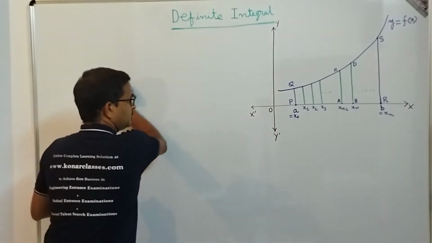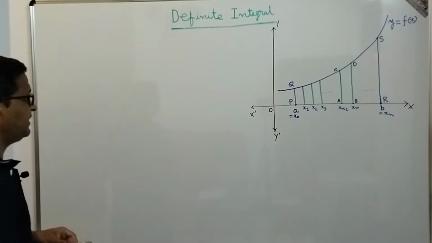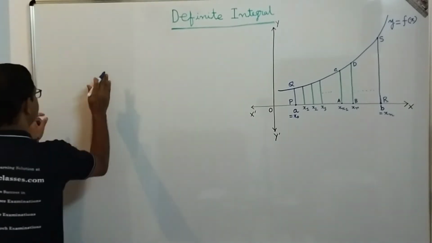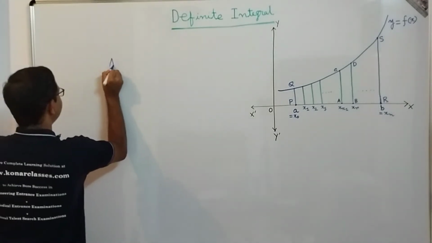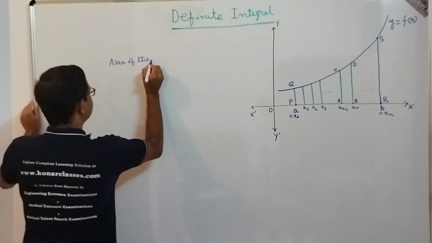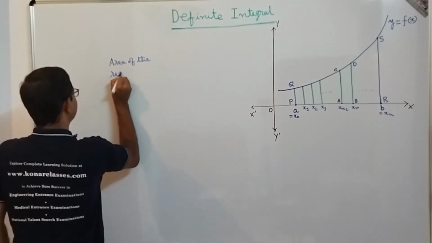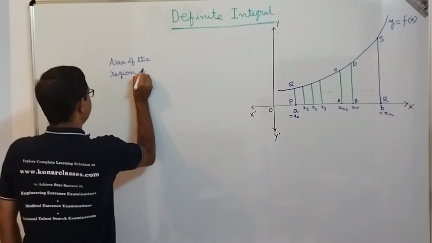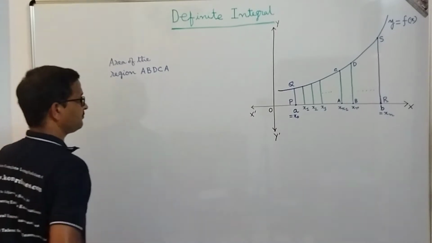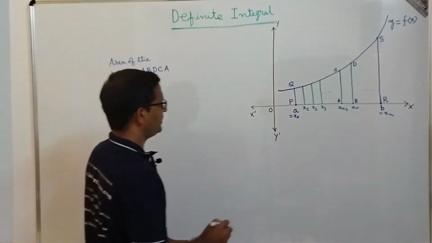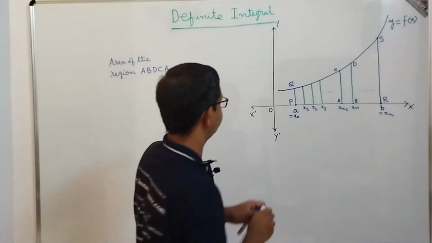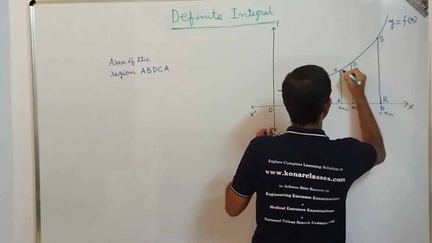So the area of the region ABDCA: suppose we make a rectangle here.